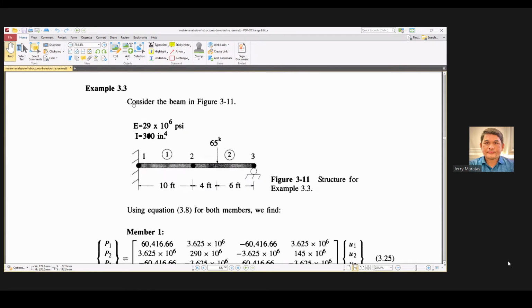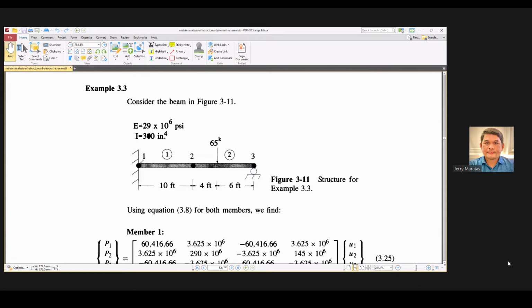Okay, let's try another example. In this problem, we have a propped beam, fixed at one end, and the other end is a roller. For purposes of this discussion, this one is divided into two members.